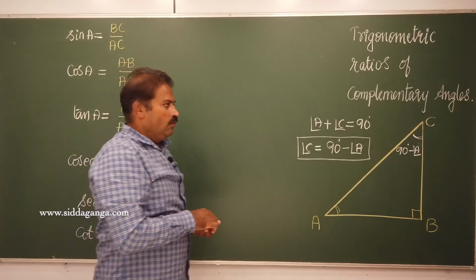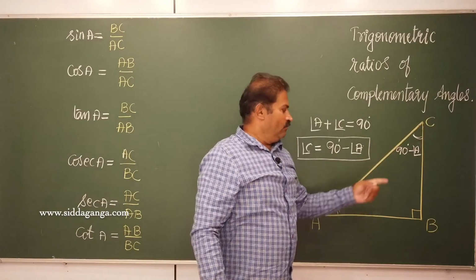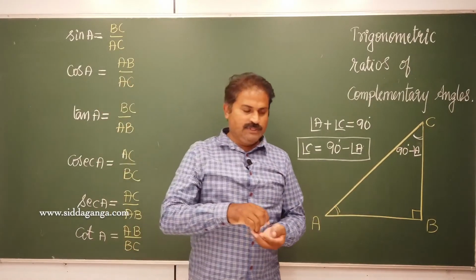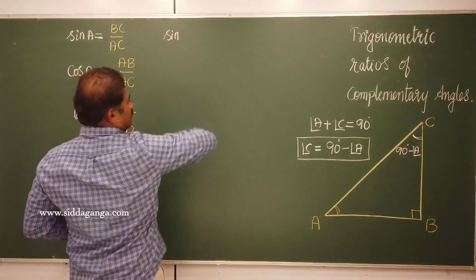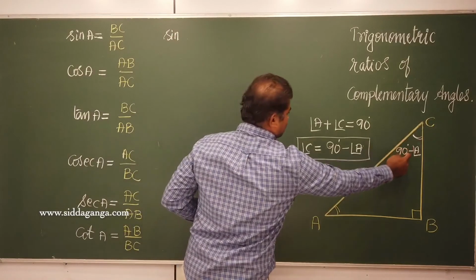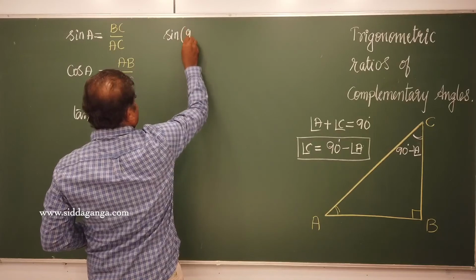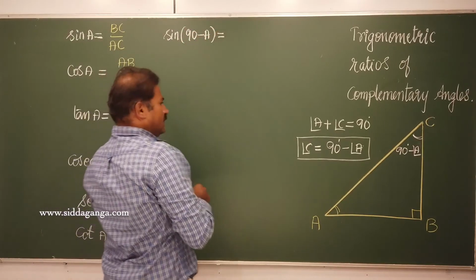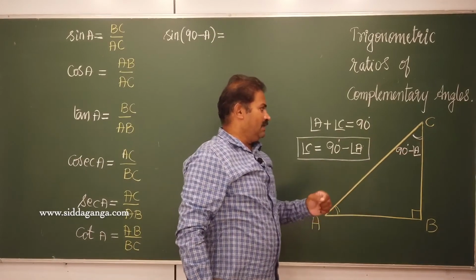Now, with respect to angle C, where it is 90 minus A, we will write all the trigonometric ratios that we have written here. So first, we will go with sin. Because we are considering angle C, this is 90 minus angle A. So we'll take sin of 90 minus A, which is equal to, for this angle, the opposite side is AB and the hypotenuse is AC.